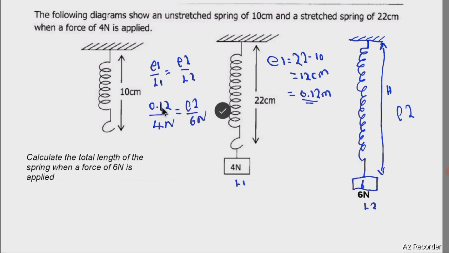Here we can do simple mathematics of cross multiplying. 4 Newton times extension 2, this will be extension 2 times 4 Newton, and this side we are going to multiply 0.12 by 6 Newton.